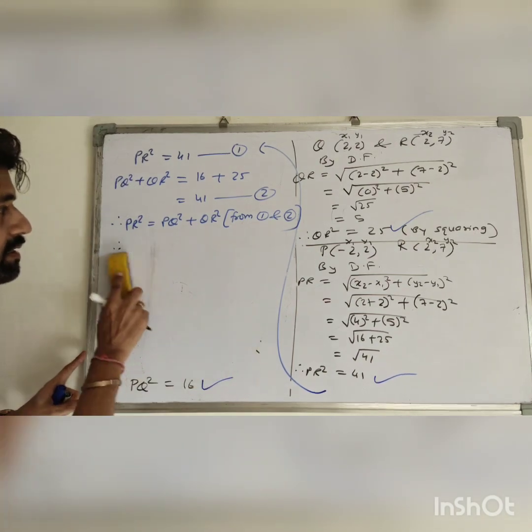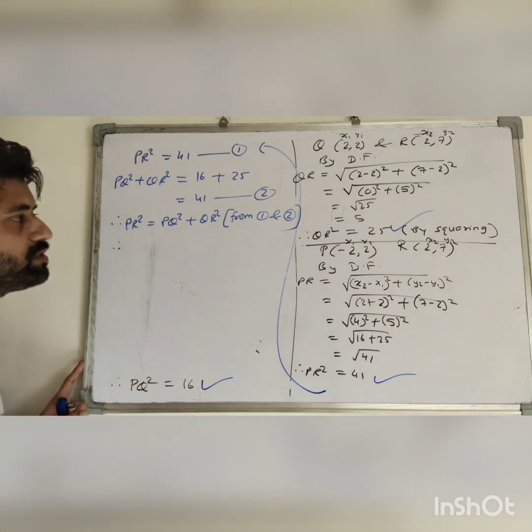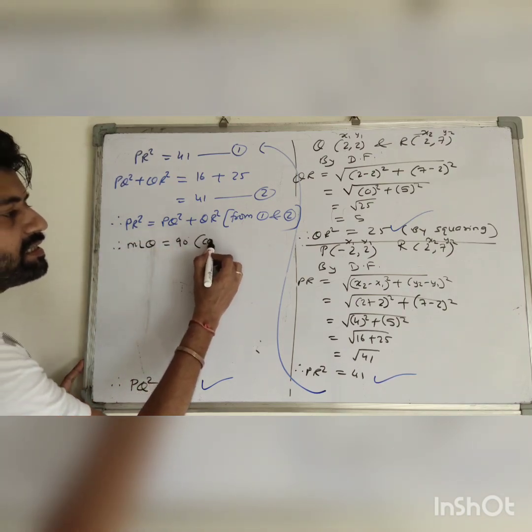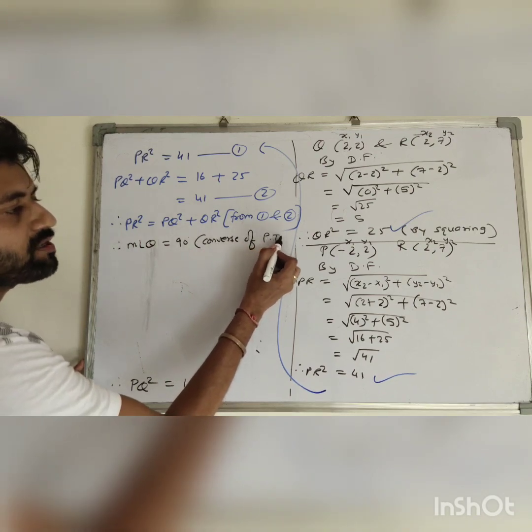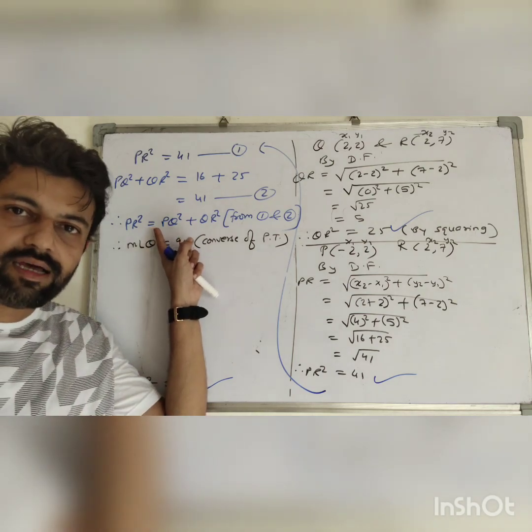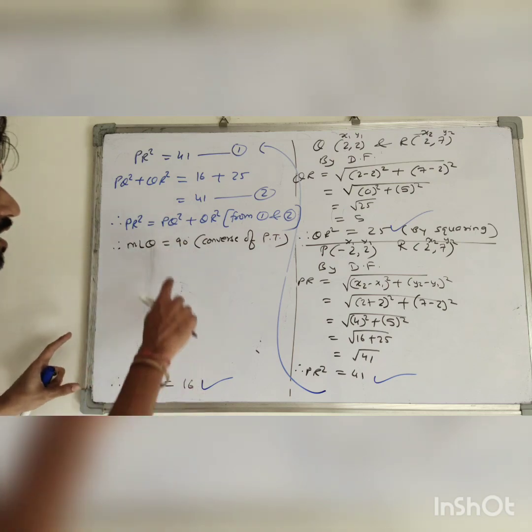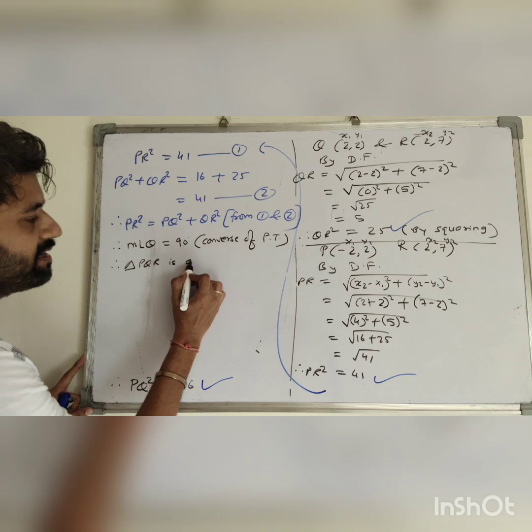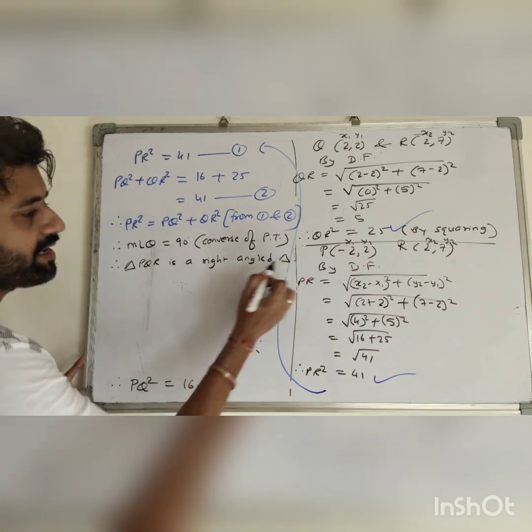Here PR is the hypotenuse, so yes students, we can say that measured angle Q will be equal to 90 degrees. The reason is converse of Pythagoras theorem. If the angle is 90 degrees then the sides are equal in this relation; that is the reverse. If they are equal, then the angle is 90 degrees. And as soon as the angle is 90 degrees, write therefore triangle PQR is a right angled triangle.